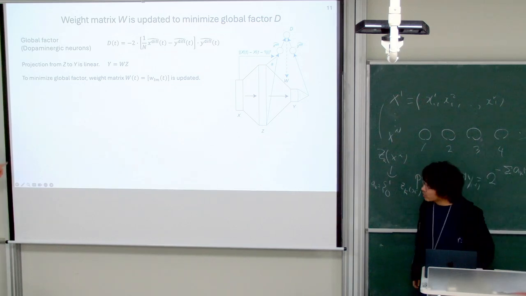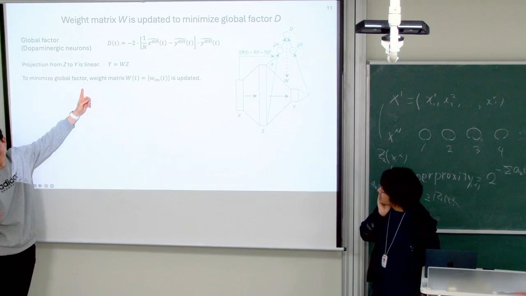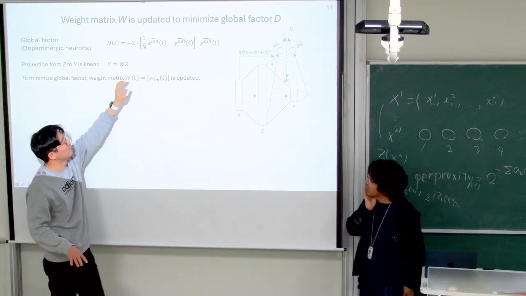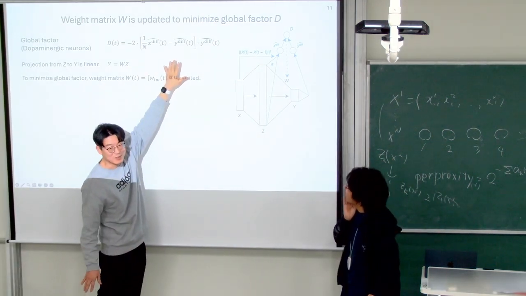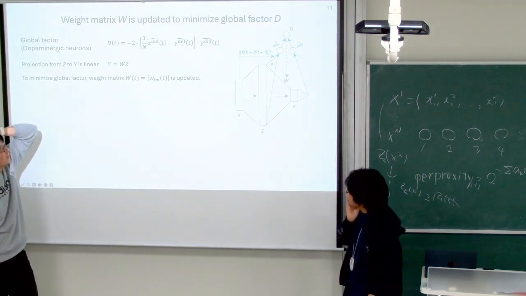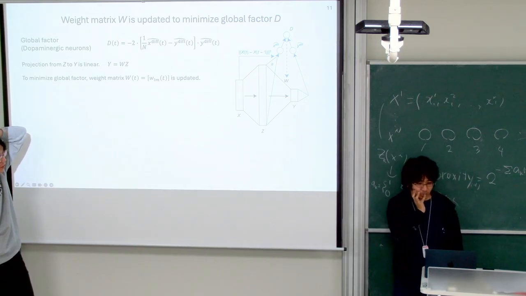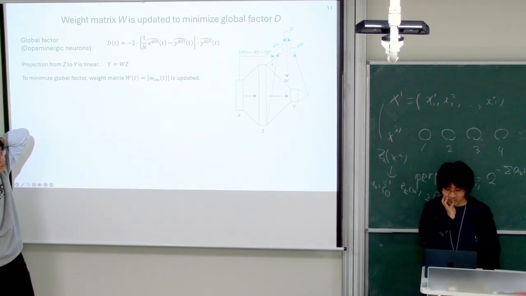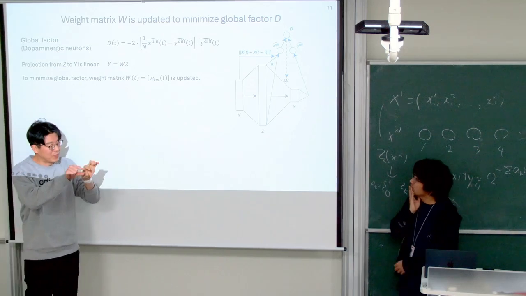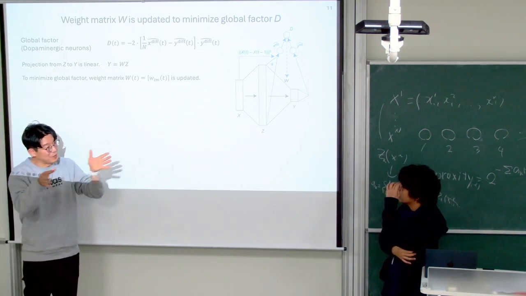Anyway, the key point is we want to minimize the global factor. That's the goal of this algorithm. Global factor means we want to minimize this value. The y diff bar, the scaling factor, is described as a time average. So y diff was a vector, and then we average it over time.